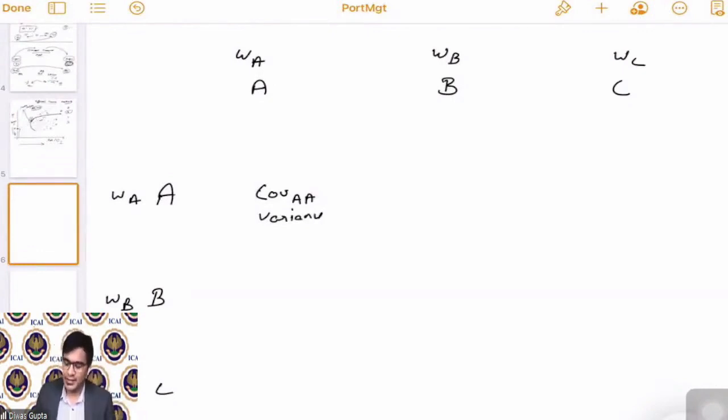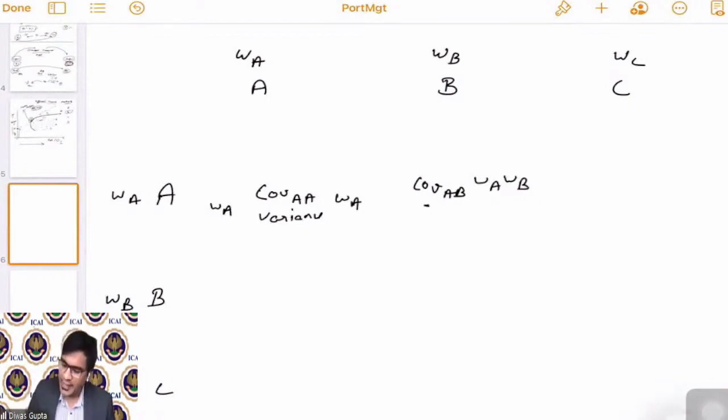So I can write it as variance and multiply it by WA, which is this row, and WA by column. So if we multiply these three things, we will get the A by A result. Then similarly on B and A, we will have to take covariance of A and B multiplied by weight A and multiplied by weight B. Right? Weight A is for the rows and weight B is for the column.